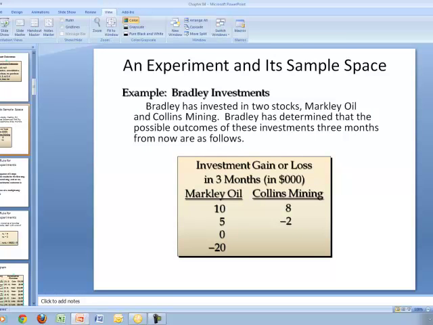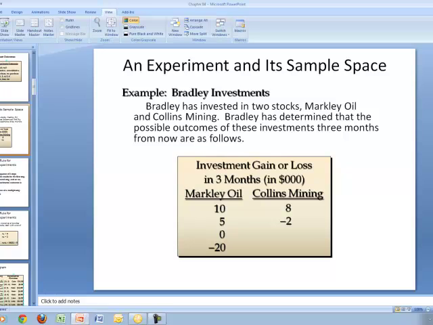Let us now look at the notion of a sample space. Consider this particular example. Bradley is investing in 2 stocks, Markley Oil and Collins Mining. For each stock, these are the possible outcomes.